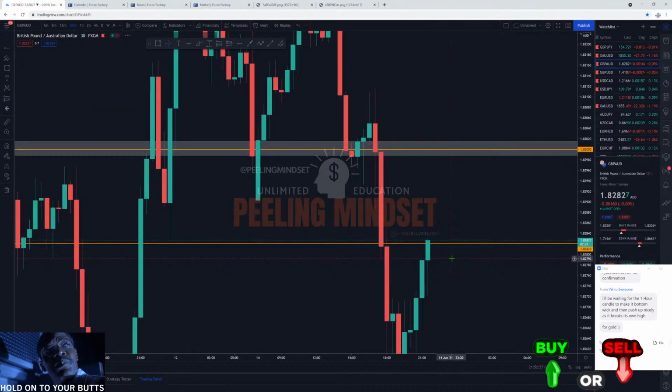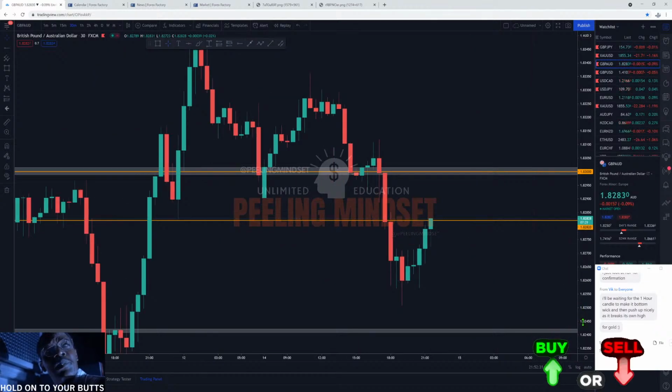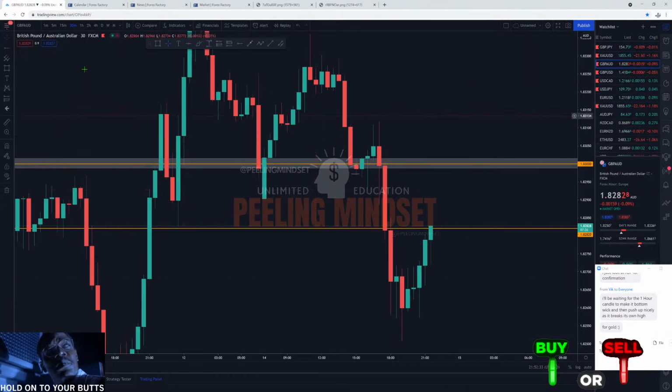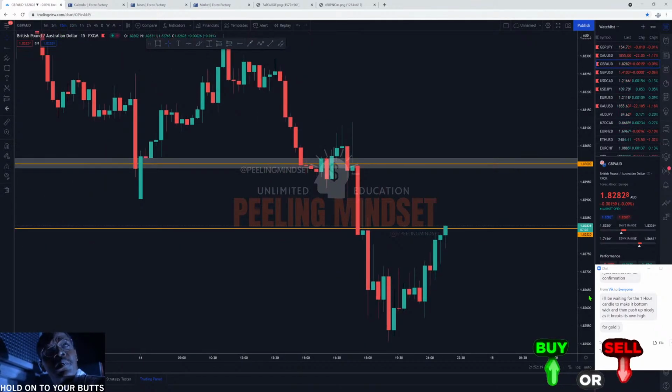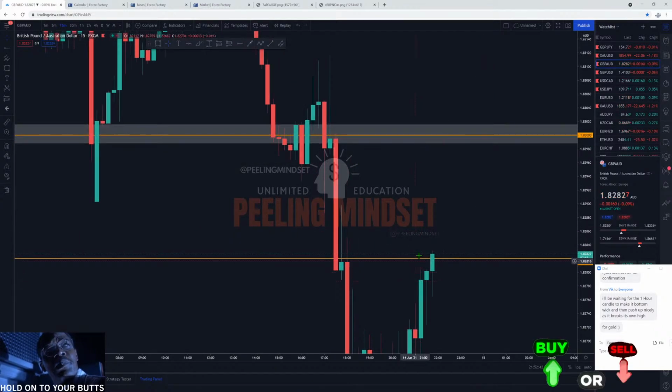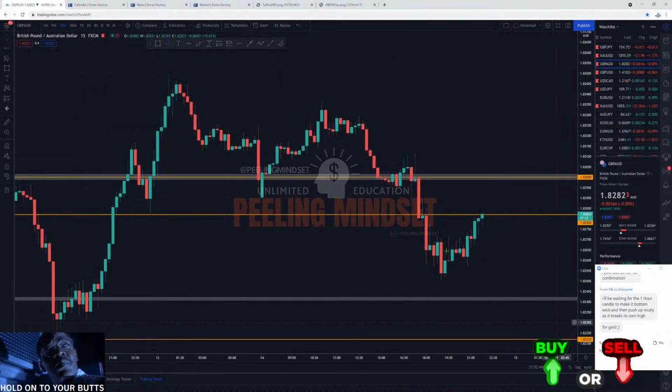I wanted to see at least a 15-minute candle close above 1828.20. So it looks like it's actually moving up with that confirmation here. So I think it's going to move up. There's a high chance it's going to move up. 16 pips range on the top.